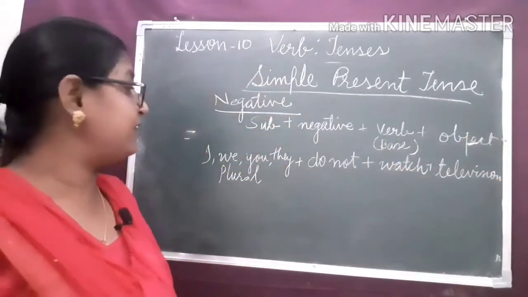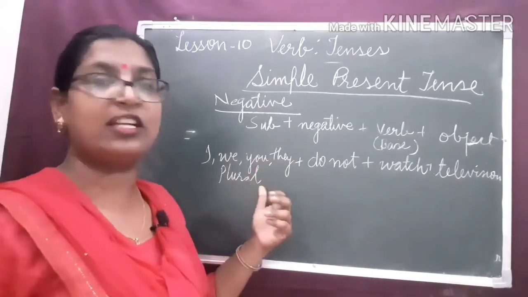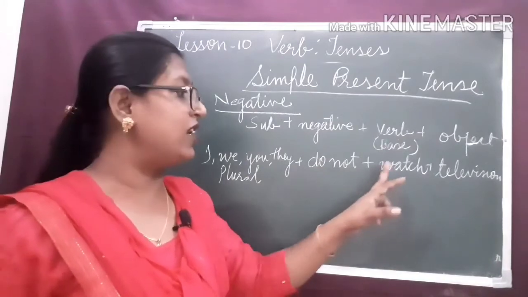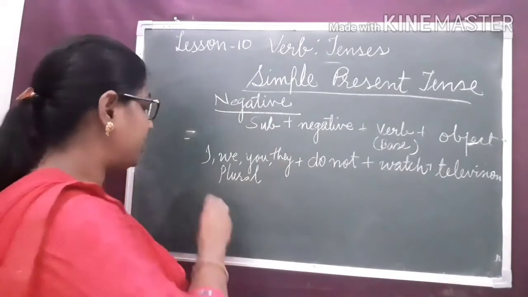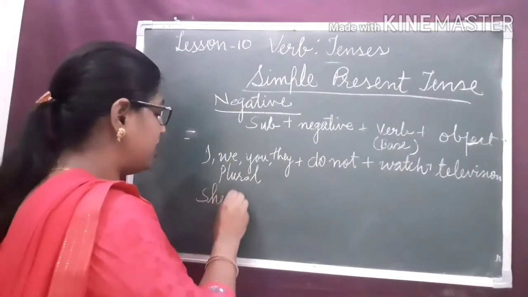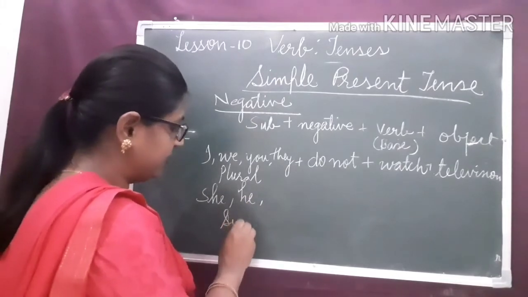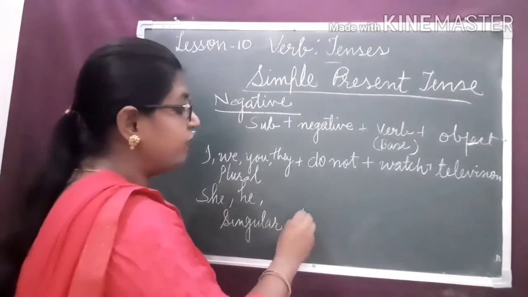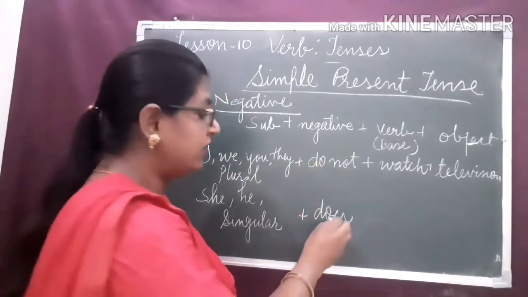Clear? In a negative sentence, if the subject is I, we, you, they, or any plural subject, we use do plus the word of negation not and the verb in its base form. And dear children, if the subject is she, he, or any singular subject, we use does.